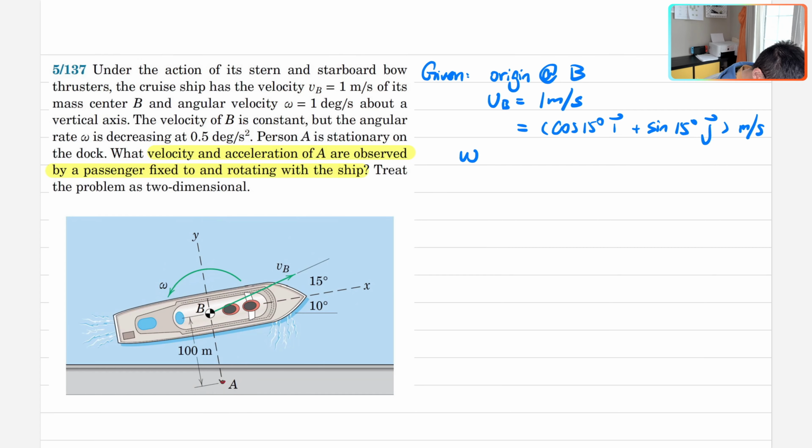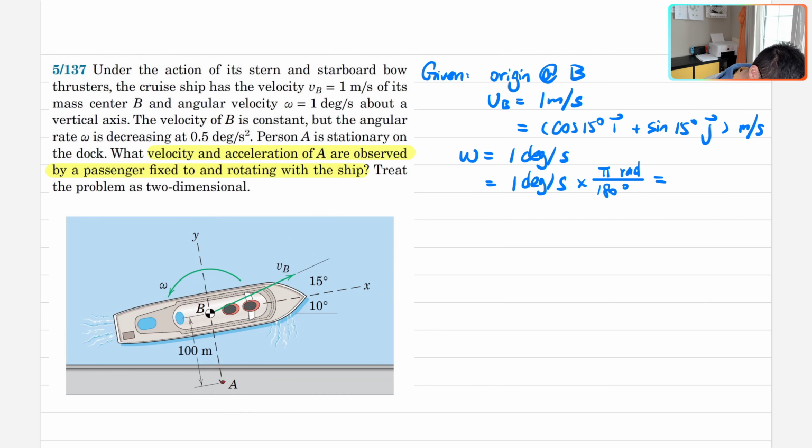Omega is 1 degree per second. However, degree is not our standard unit, so first of all we need to convert it into radians. 1 degree per second, times radians over 180 degrees.